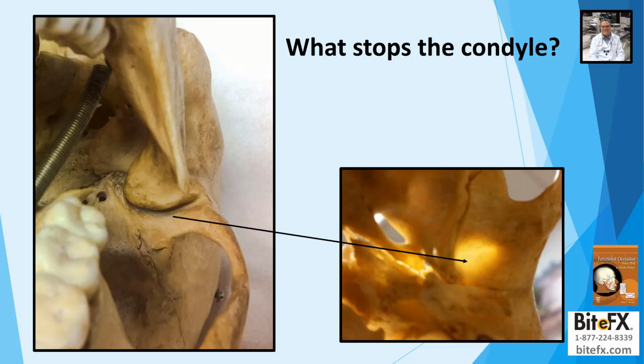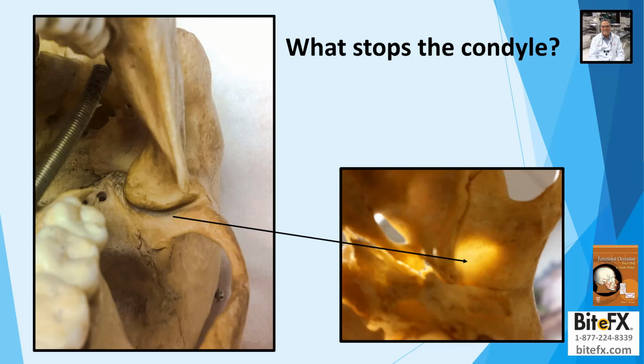So if we have a blunt force, like we're hit hard, or trauma to the lower jaw, and something is strong enough to break that condyle, it's probably not the top of the glenoid fossa, because if it were, the condyle would go through that thin area and into the base of the brain, which really doesn't happen. So there's an actual physical stop that is strong enough to break it.